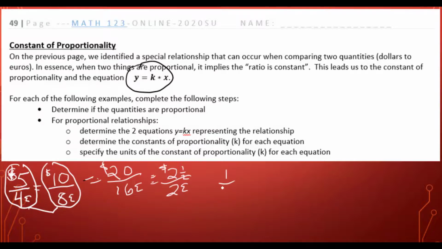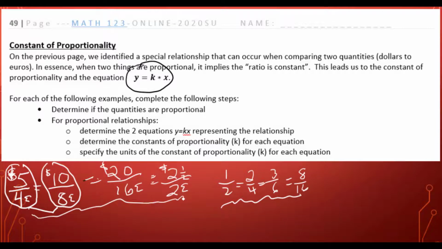A half an inch is the same as 2/4 of an inch, is the same as 3/6 of an inch, is the same as 8/16 of an inch, etc. So in a proportional relationship, all the solutions to the equation y equals kx are equivalent. But the rule of thumb is if you double one quantity, like 5 to 10, you double the other. That makes it proportional.